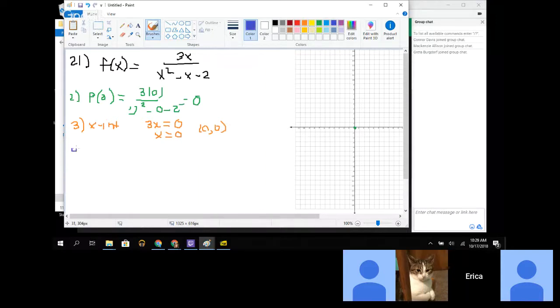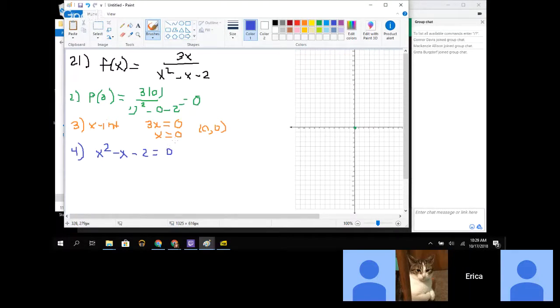Step 4 is to find the vertical asymptote. To find the vertical asymptote, we take the denominator and set it equal to 0. So x squared minus x minus 2 equals 0.